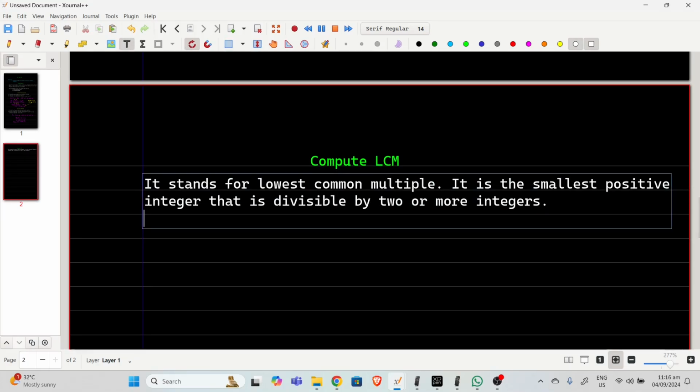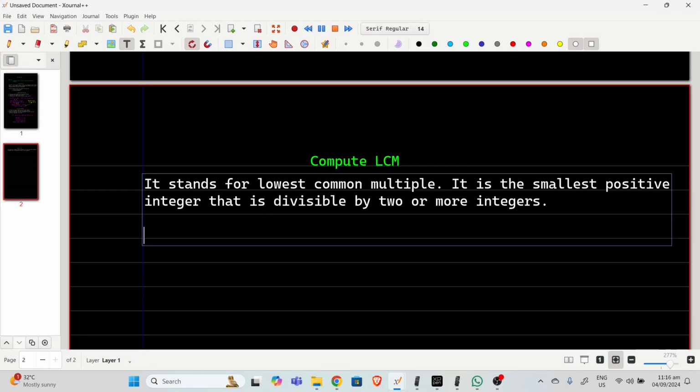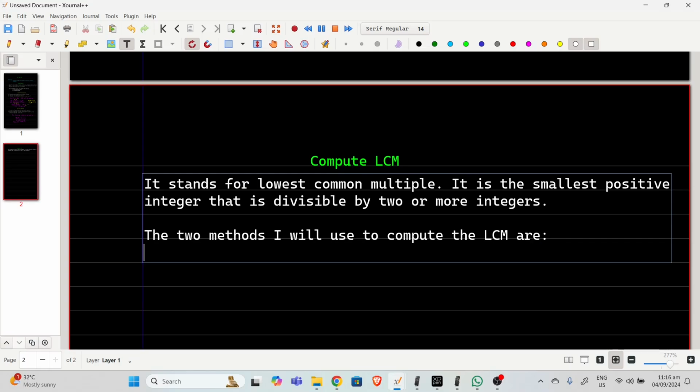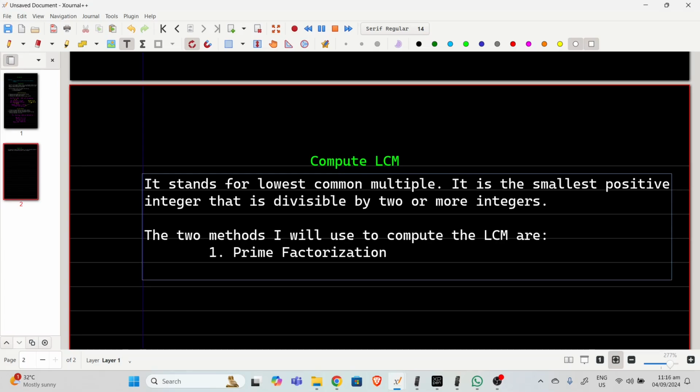One again is the prime factorization method. The two methods I will use to compute the LCM are, first, prime factorization, and then the next one is using HCF.